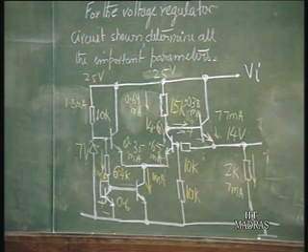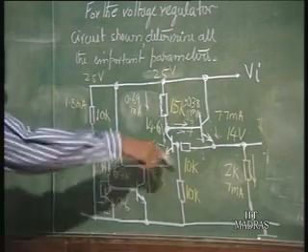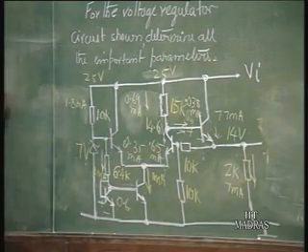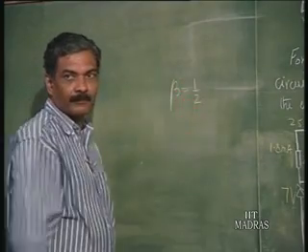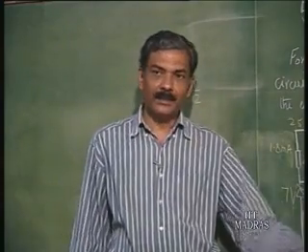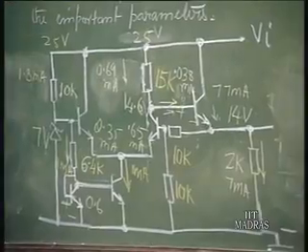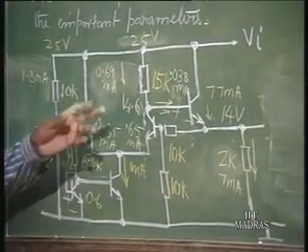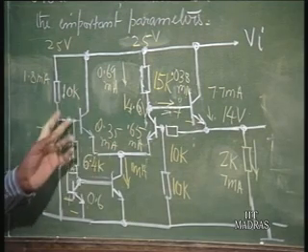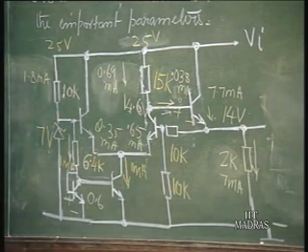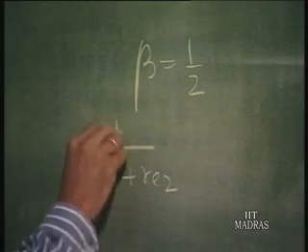Open loop gain before feedback factor: beta in this case is half, 10 K 10 K. So R1 by R1 plus R2 is half, and open loop gain is going to be GM. Now, GM is to be evaluated as 1 over RE1 plus RE2.